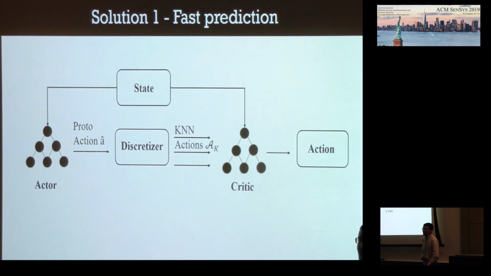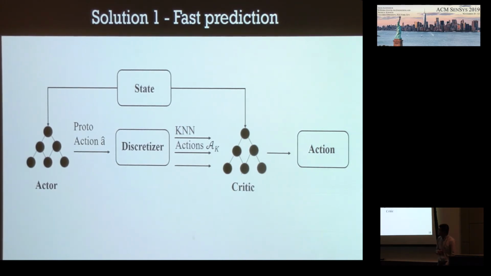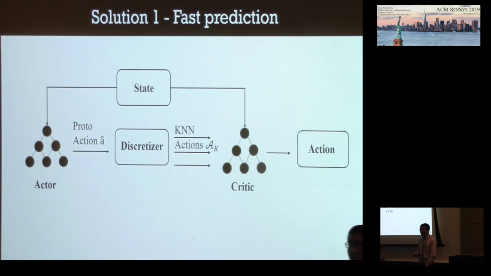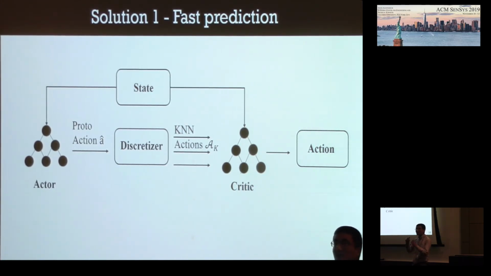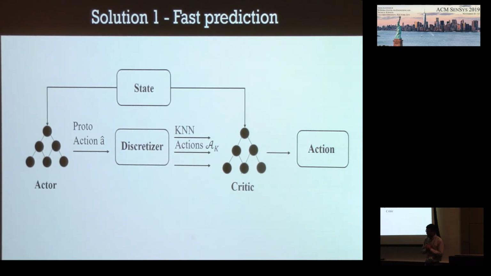So we propose a new architecture called actor and critic networks. The main idea is borrowed from computer vision, and this is an actor neural network. It is almost the same as the DQN network, but the key difference is that the output of this network is in continuous space.